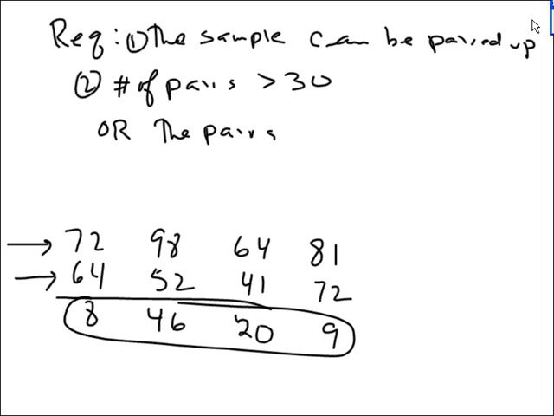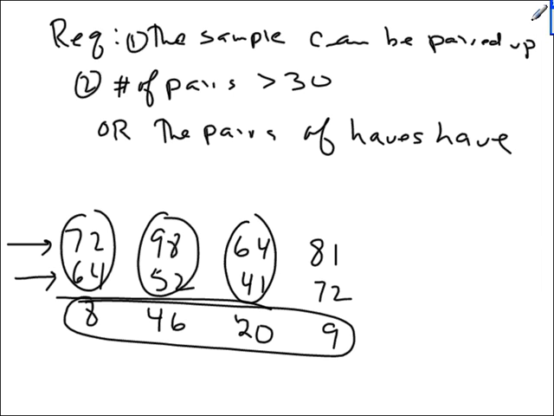These numbers must be normally distributed. Actually, let's say this. There are no pairs of differences. In the bottom, there's just differences. The pairs of values have differences. This pair of values and this pair of values, they have differences.